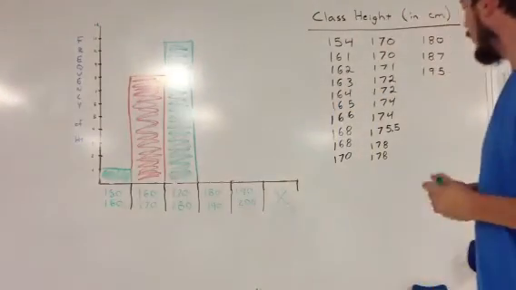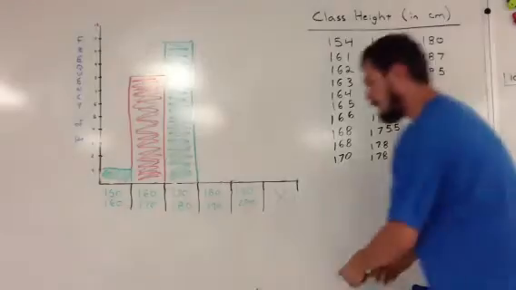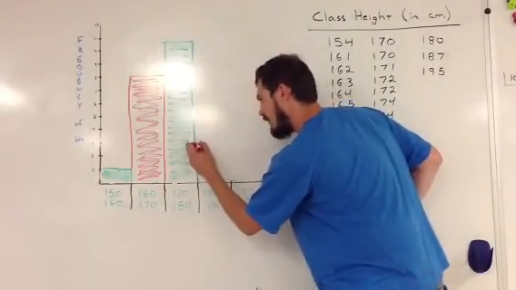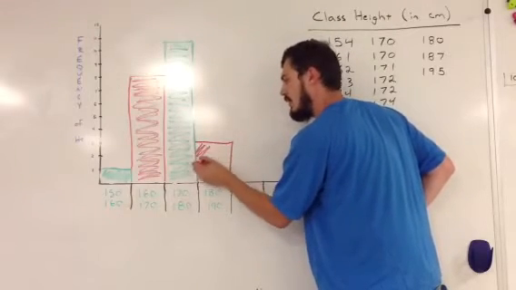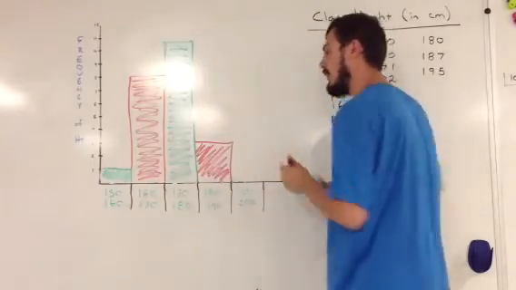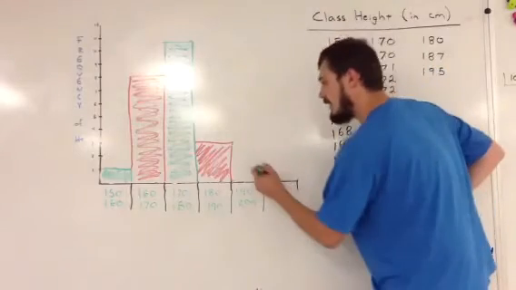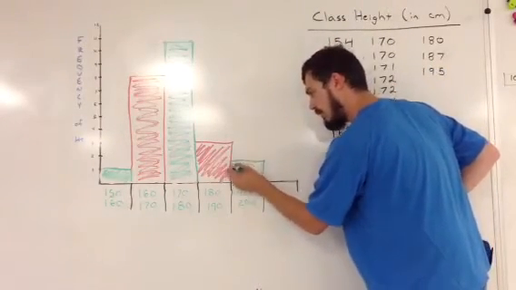All right, 180 to 190, we're going to have 2. So now we're seeing a drop off in our data. If we were going to be describing this data, we would say it starts off pretty shallow, gets pretty steep pretty quickly, and then it tapers off. And 190 to 200, we have one person in that bin.